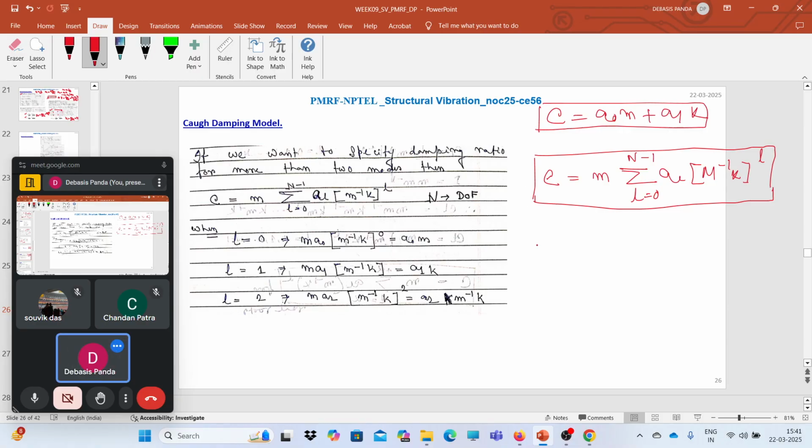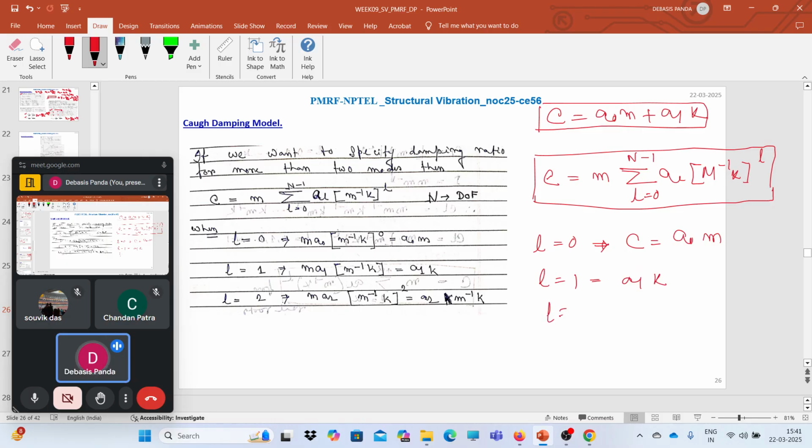Now here, if I make L equal to 0, then C is only left with a naught M. We only have the mass proportionality part. And if I make L equal to 1, what will happen? We will have the a1 K term, right?